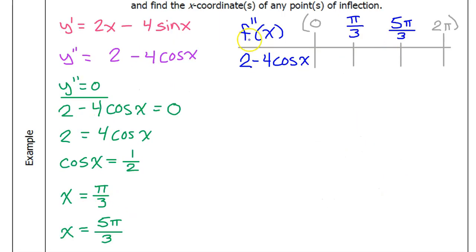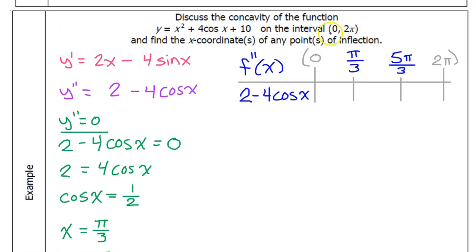Now we make an f double prime sign chart with the critical values in order from least to greatest across the top. Be sure to include the domain limitations 0 and 2 pi. Also be sure to label your chart as f double prime. This is an important part of showing your work.